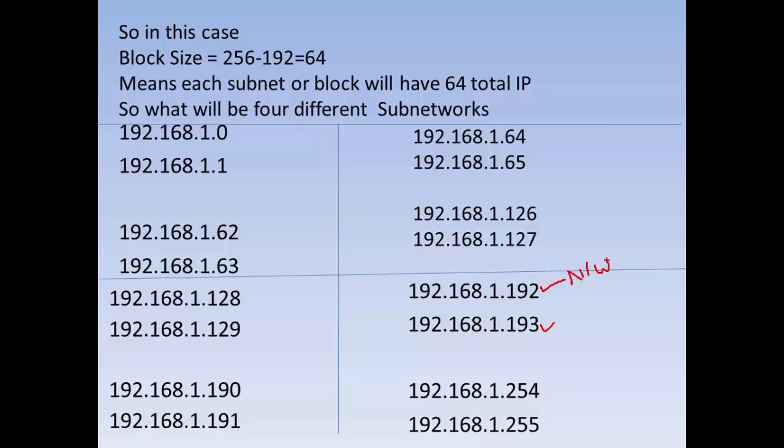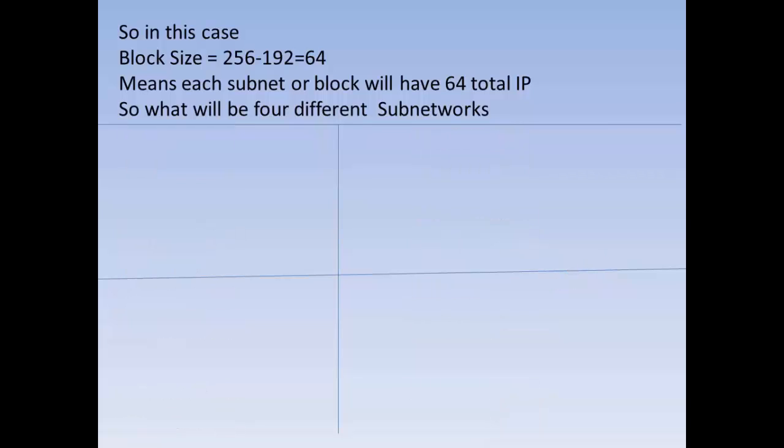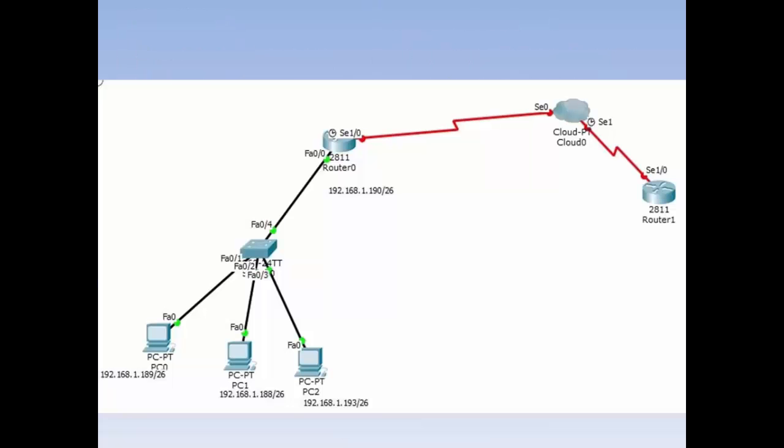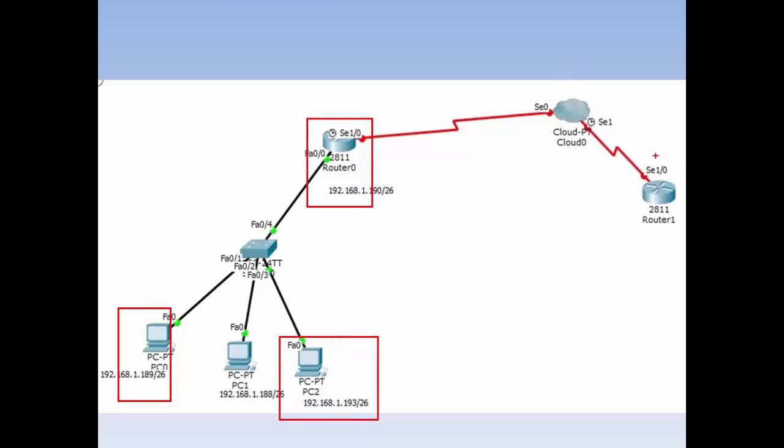So whenever any packet reaches a router, it always calculates the network ID of that particular IP, finds out the network ID, and then forwards it to the appropriate interface.